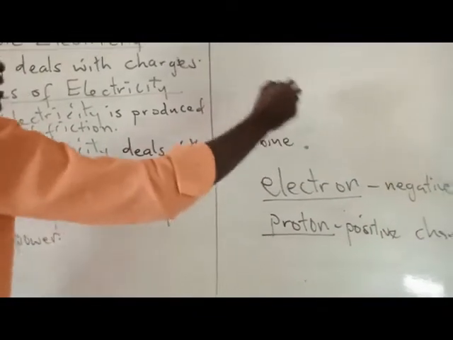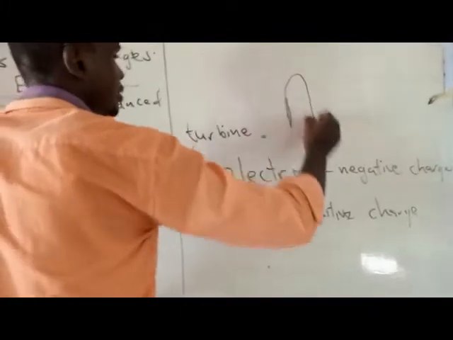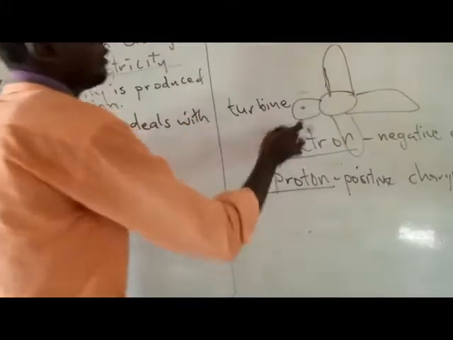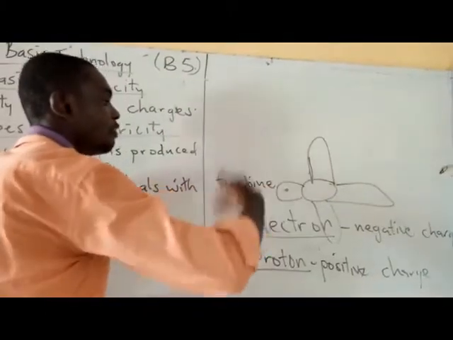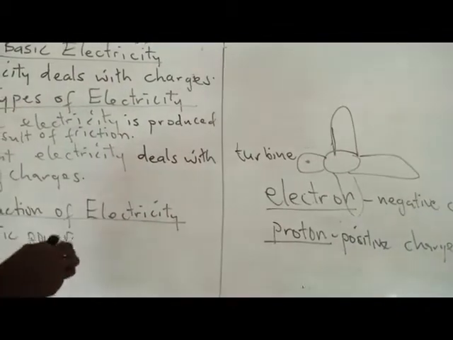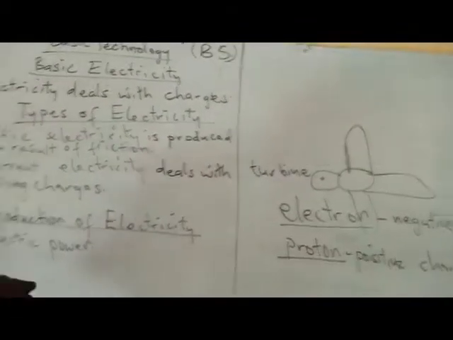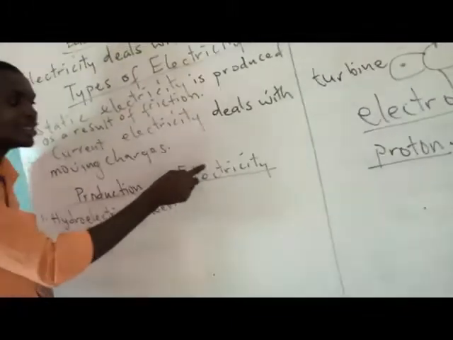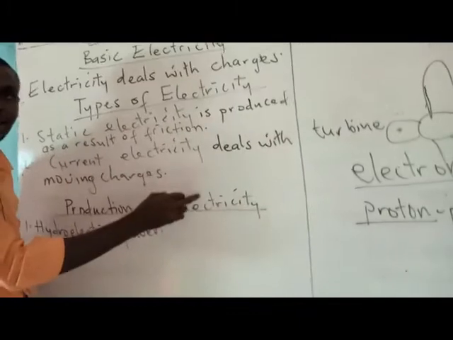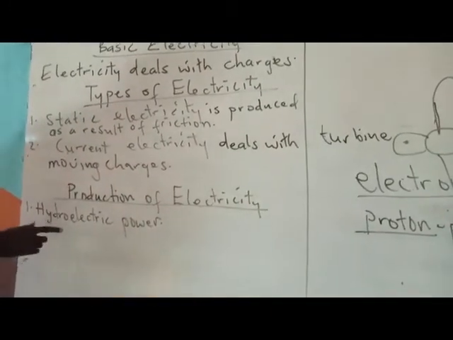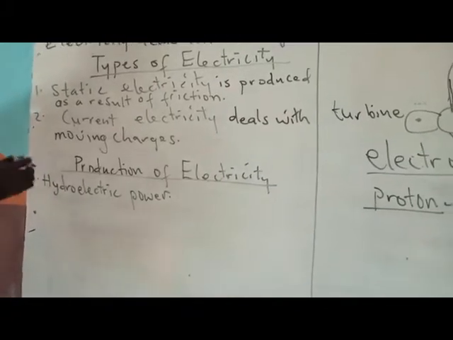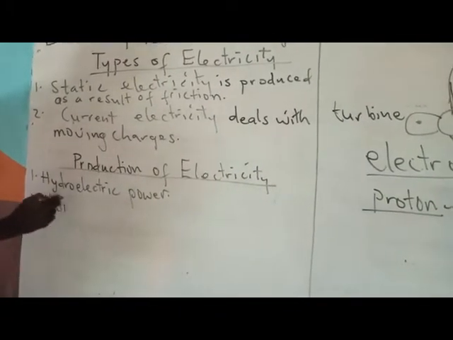The turbine is like a fan. As the water flows, it moves this fan and makes it rotate. As that fan is rotating, the energy of the rotation is changed to electric energy that is then transferred to your house to be used as electricity. That's simply hydroelectric power.